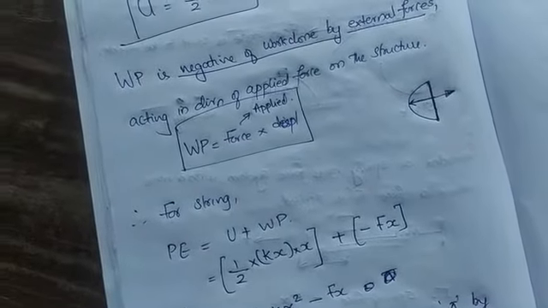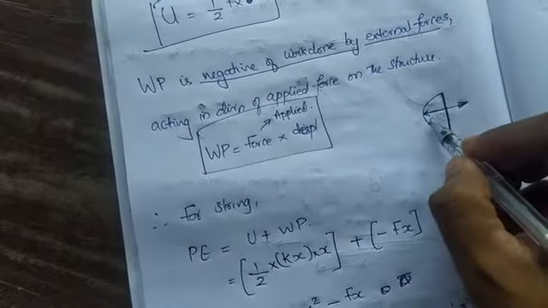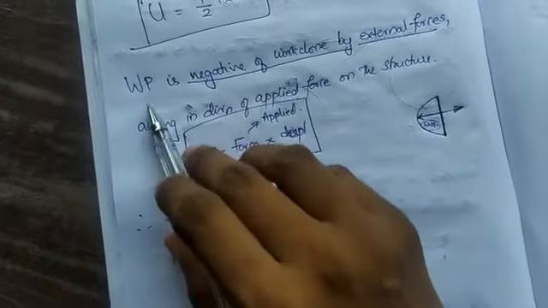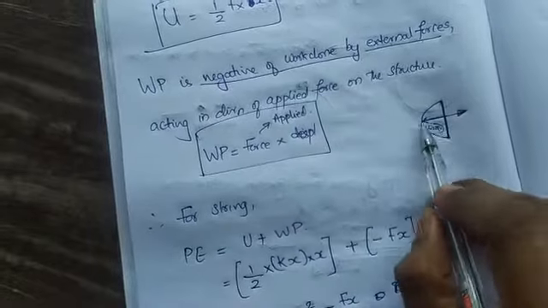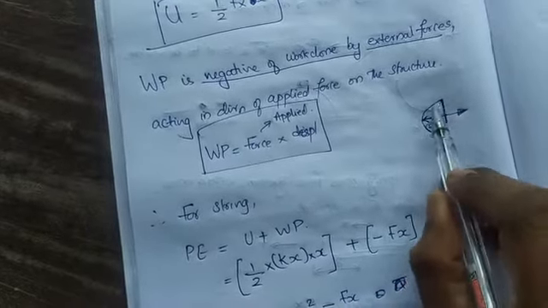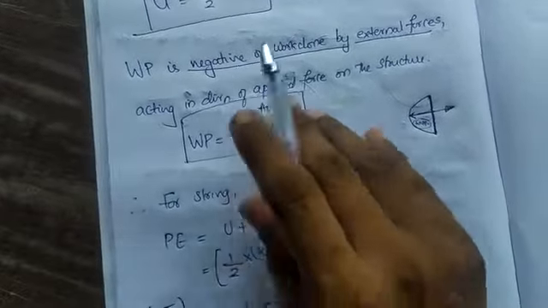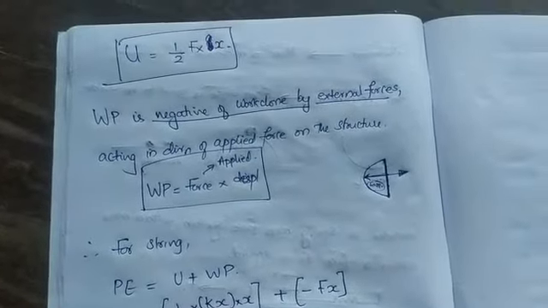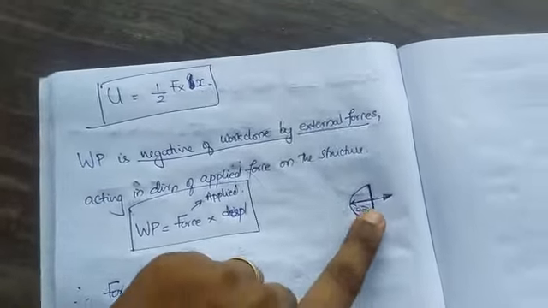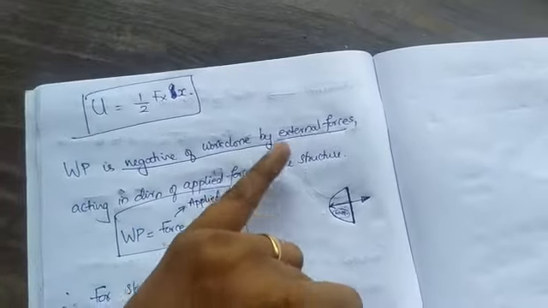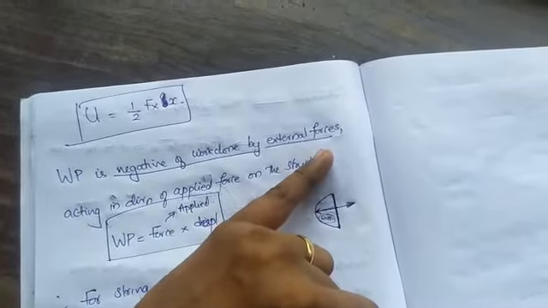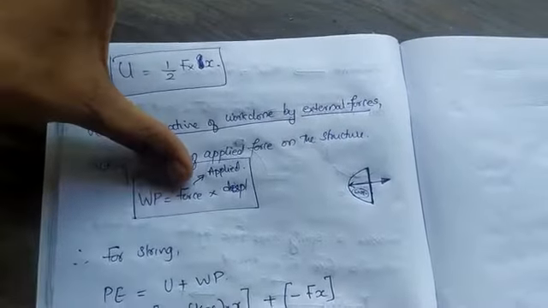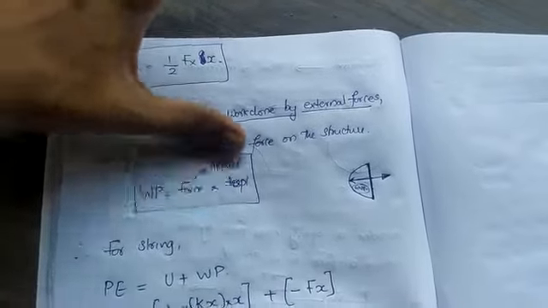You are applying a force here, and this applied force gives the work potential, while the work done to strain the structure is called strain energy. The work potential is in this direction, so it is the negative of the work done by external forces acting in the direction of the applied force. So work potential is the applied force into displacement.